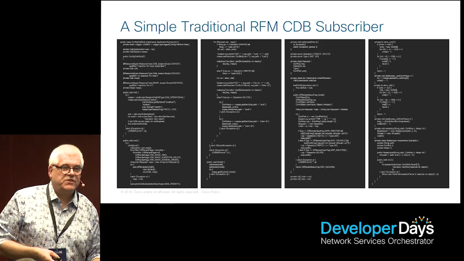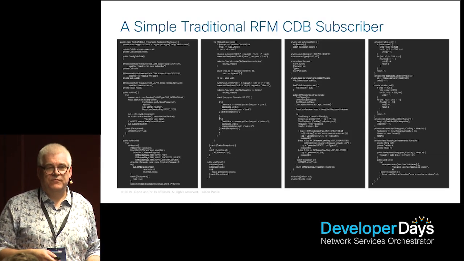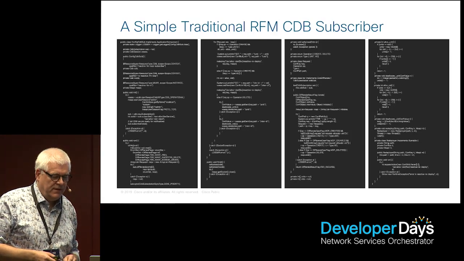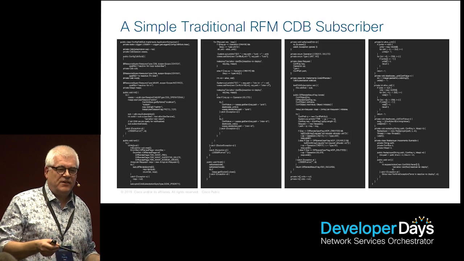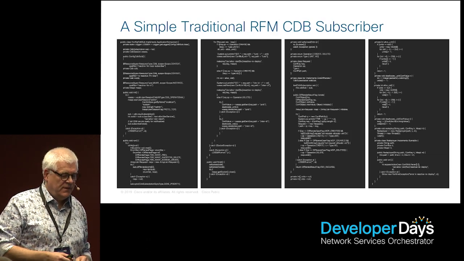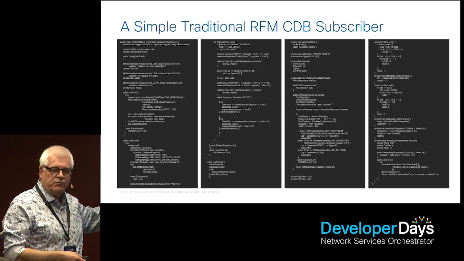We do CDB subscribers all the time. They are great, but you need to do them from scratch. There is not much help. We talked about Fastmap being the abstraction that is necessary for a normal service, a one transaction service. This is no abstraction level at all for the reactive. You have to write that by yourself.